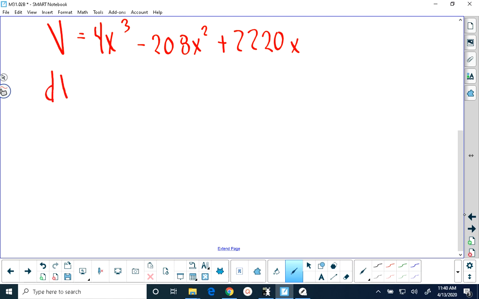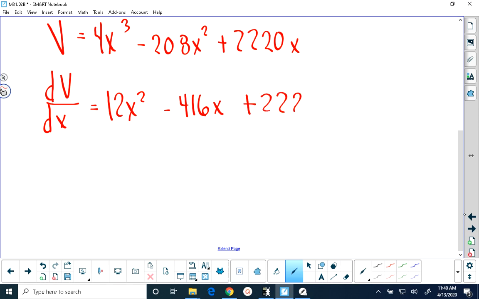So we still have to find dV/dx: 12x squared minus 416x plus 2,220. Just double check. 4 times 3 is 12. 2 times 208 is 416. The derivative looks fine. It would be nice if this factors to give us our critical value of x. I'm pretty sure it doesn't, but I believe 4 is a common factor.